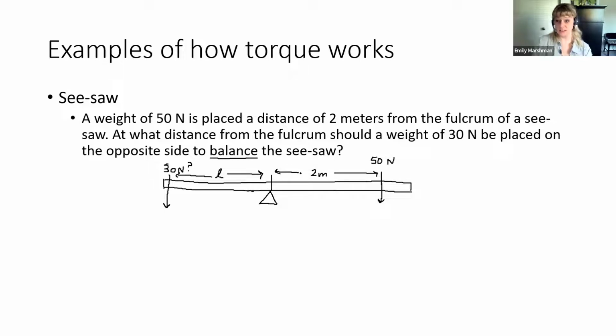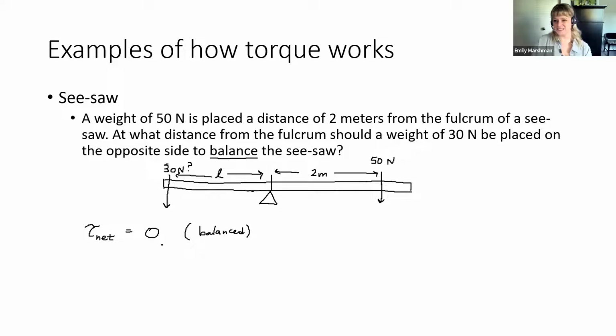Right? Everything is balanced out. The seesaw is not rotating one way or the other, it's staying completely level. So in that case, the net torque acting on this seesaw has to be equal to 0 because the seesaw is balanced on both sides.